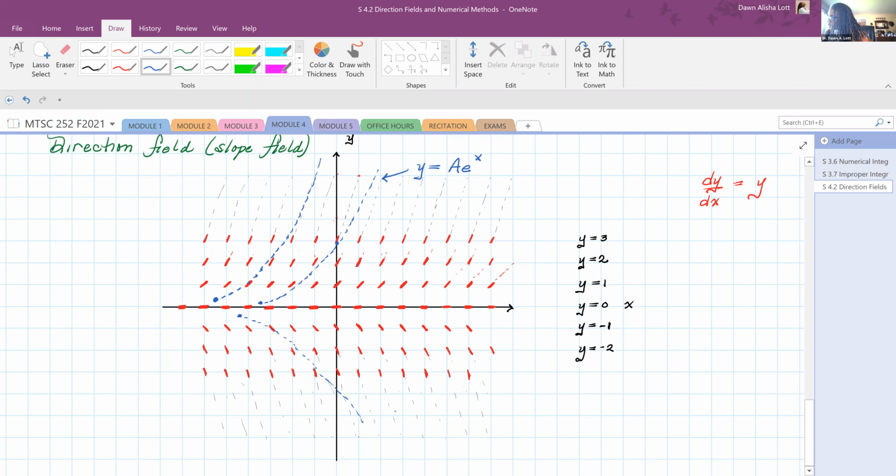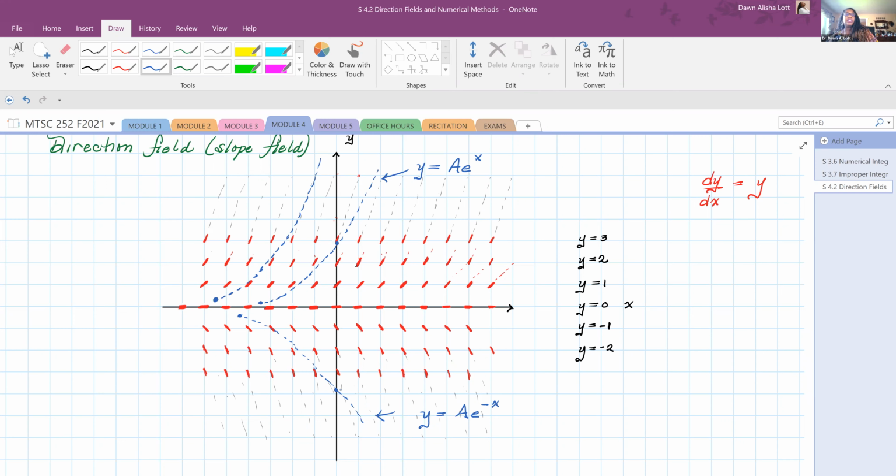And this blue line down here is y equals a e^(-x). And again, this is where it is caught right here. That's its value.